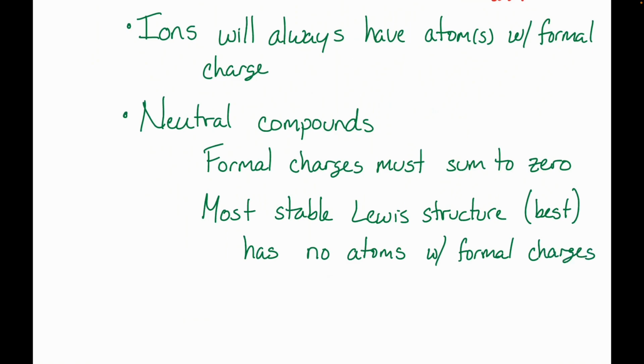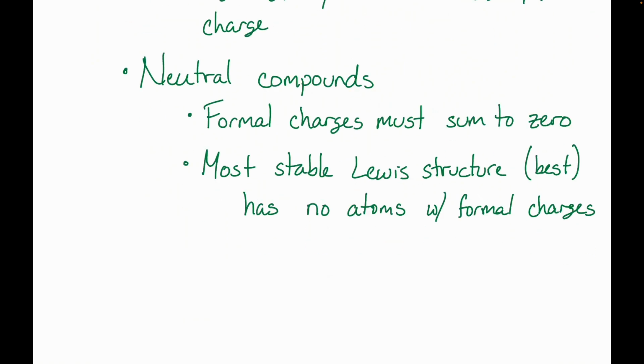Sometimes you can draw a Lewis structure one of 2 ways, but in one structure, your molecule has a bunch of formal charge. In the other one, all of your atoms have a formal charge of 0. The most stable form of any molecule is when all atoms have a formal charge of 0. Sometimes it's not possible to draw one that way, but if we have 2 options, we're going to pick the one where our formal charge on all atoms is 0. So let's do a simple example here.